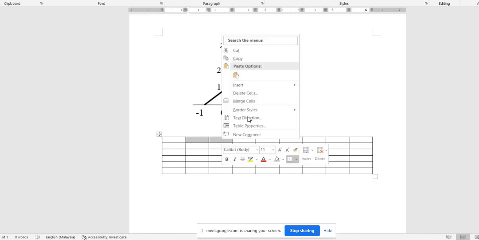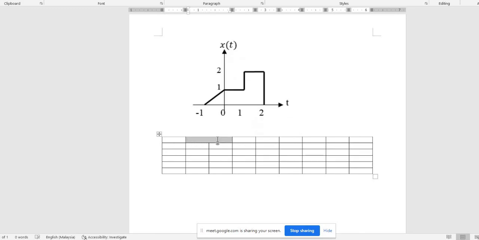The range is from -2, because this xt is from -1 until 2, but x negative t is the mirror image of xt, so there is a graph from -2 to +1. So I write it properly. I write it first for t from -2 to -1.